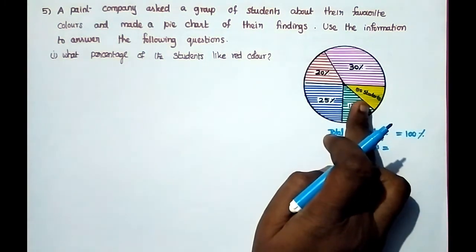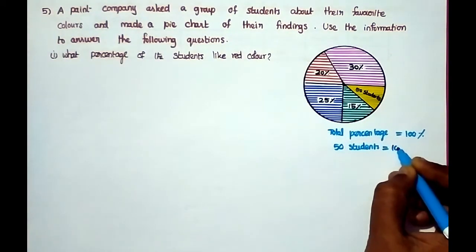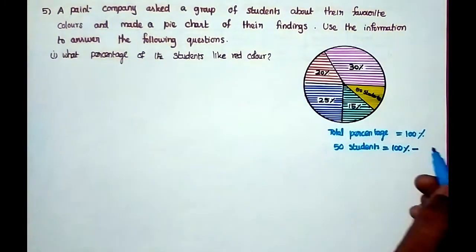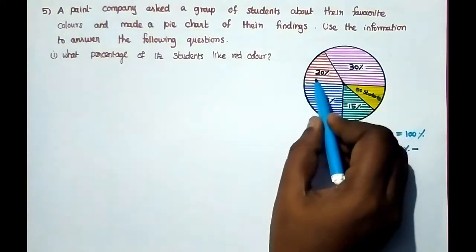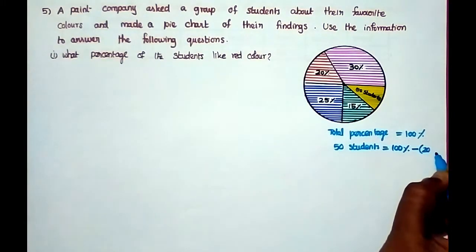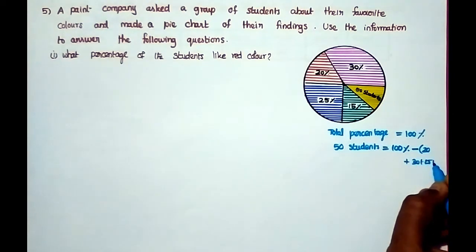So 50 students equal to total percentage 100 minus the given percentages, that is 20 plus 30 plus 25 plus 15.